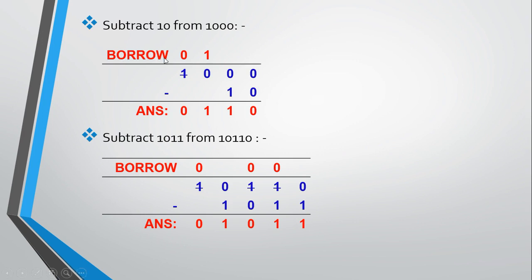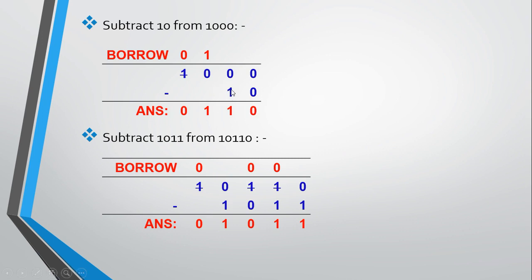Now remember the table of subtraction. You can keep that table in front of your eyes when you perform binary subtraction. Now 0 minus 0 will return 0.